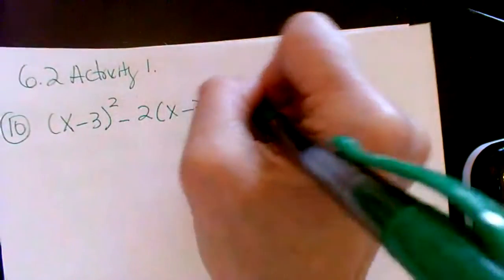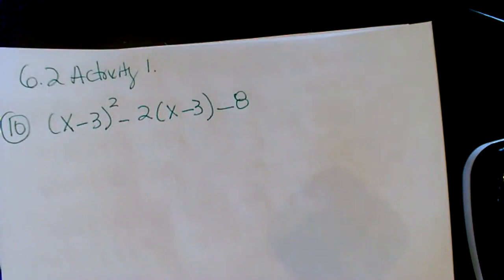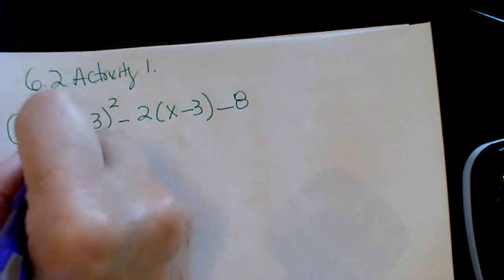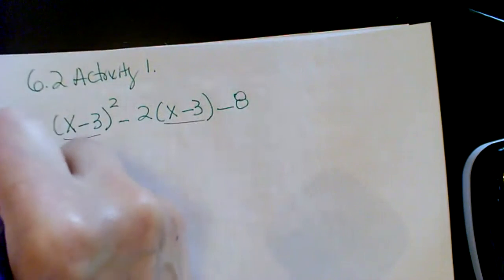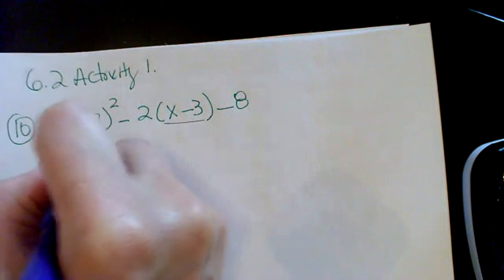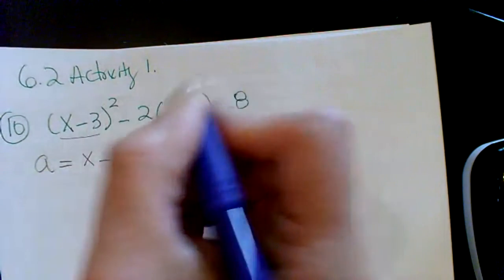This one says x minus 3 squared minus 2 times x minus 3 minus 8. All right? So I'm going to substitute. I'm going to say that a is equal to x minus 3.